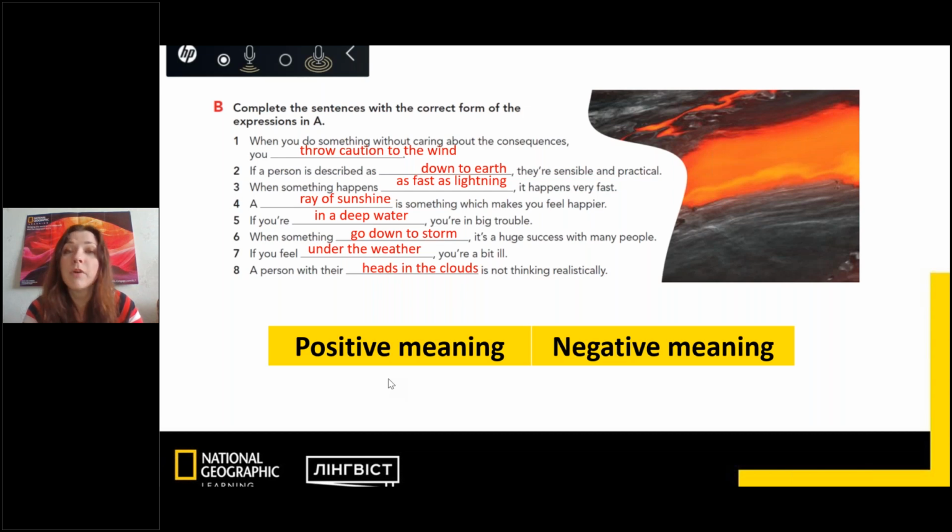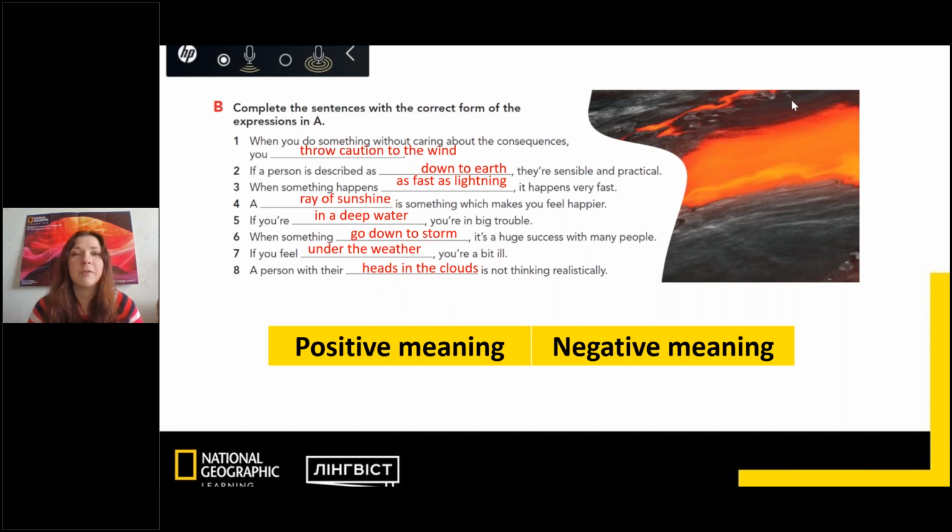Is it negative? Or probably it's neutral? What do you think? Neutral, neutral. Well done. When something happens as fast as lightning, it happens very fast.